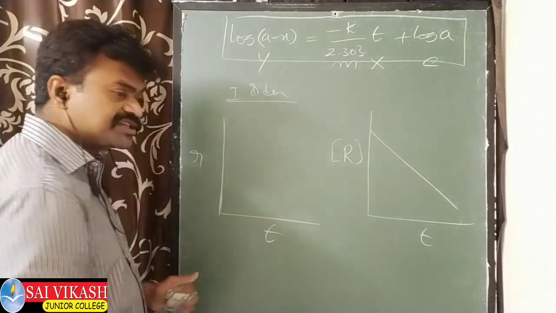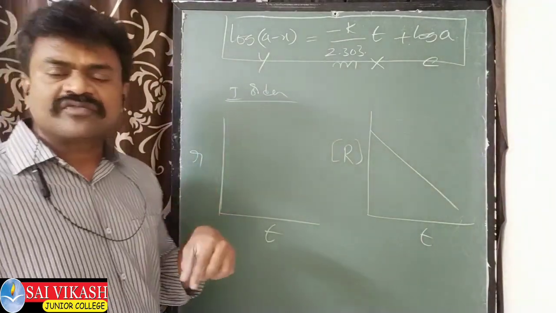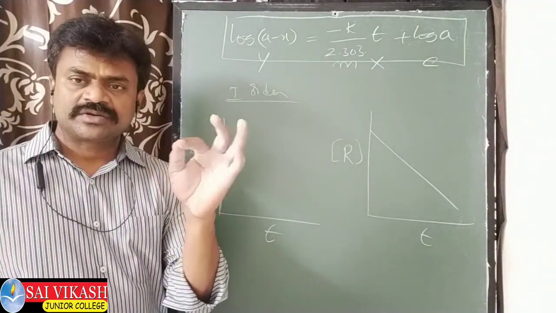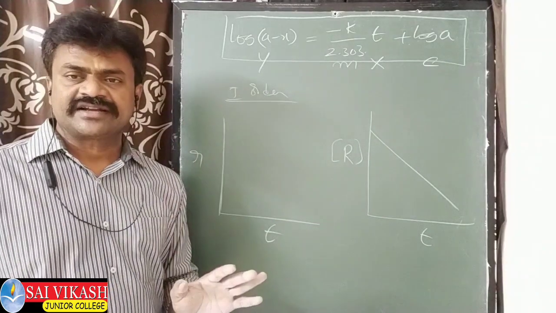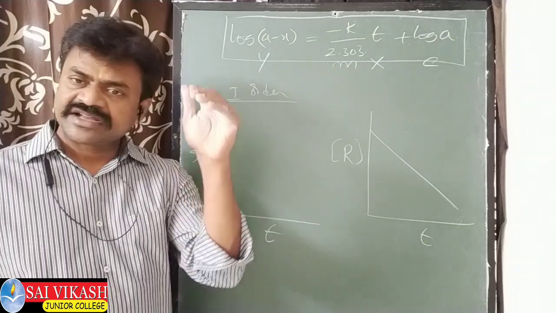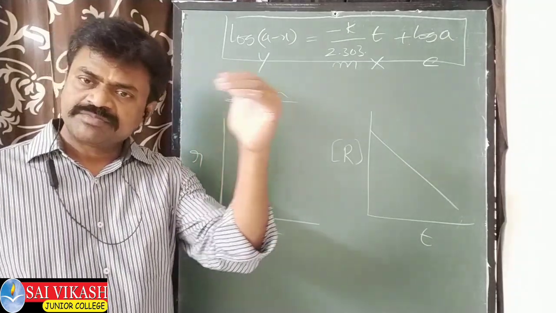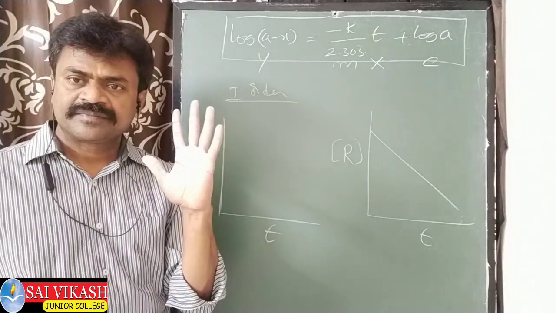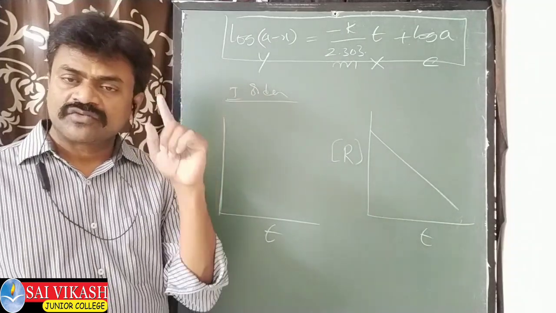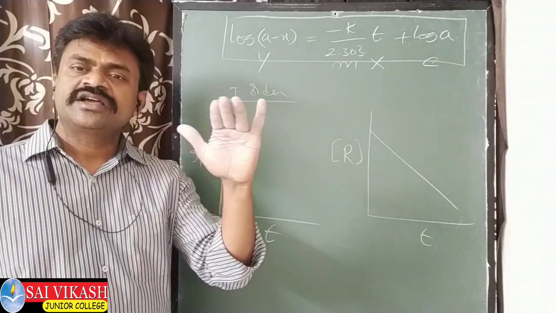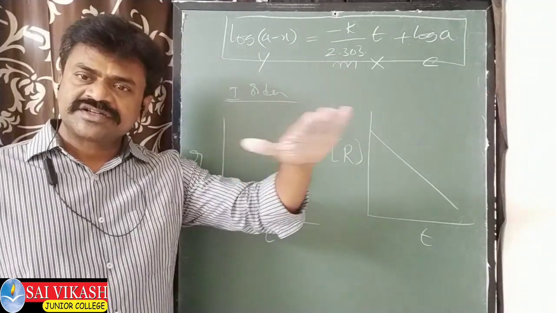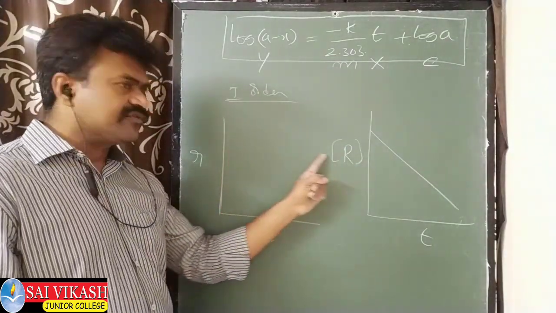Initially rate will be more, because I told you the rate of the reaction depends on the concentration of reactant. Initially reactant concentrations are more, means speed will be more initially. Initially speed will be more for zero order or first order, but for zero order, from initial to final it goes at constant speed. That's why the graph will come like this.